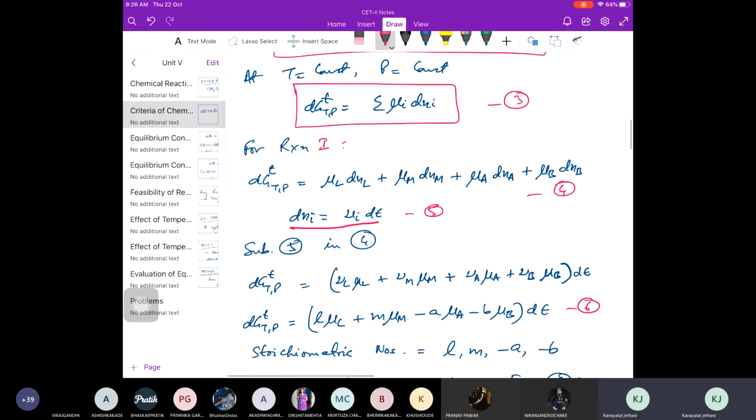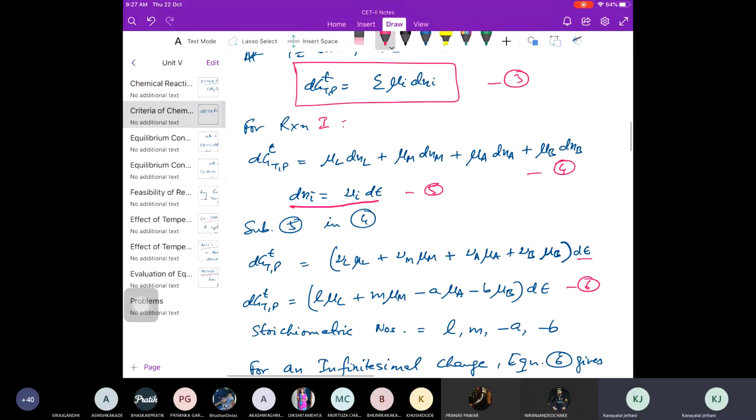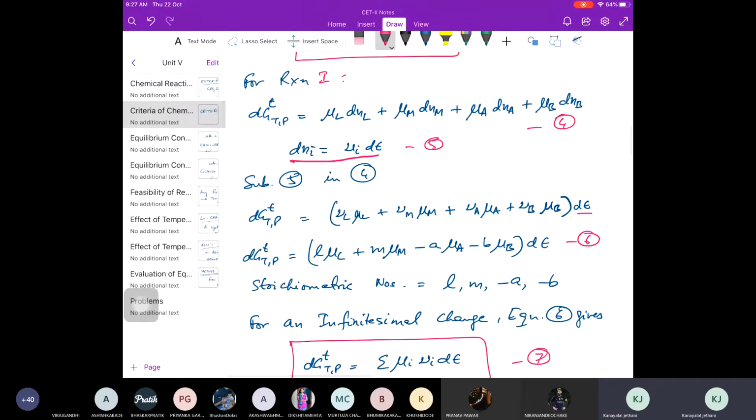So substitute 5 and 4, and what we'll get is dG at constant temperature and pressure is equal to nu L into mu L plus nu M into mu M plus nu A into mu A plus nu B into mu B, whole bracket into d epsilon, right? So now we know nu L is l, nu M is m, nu A is minus a, and nu B is minus b. So we substitute that in equation 6.